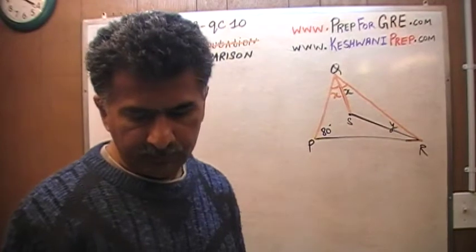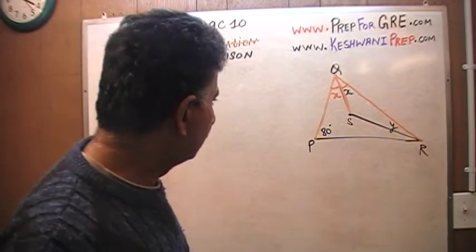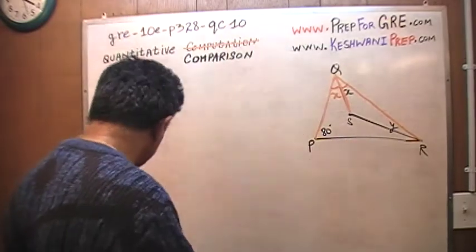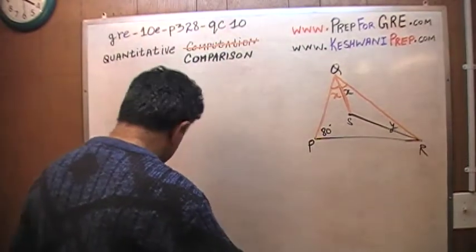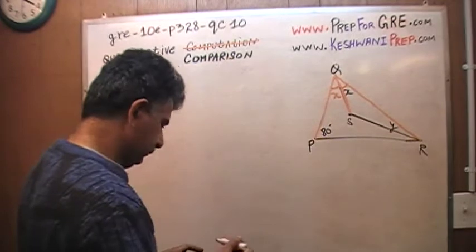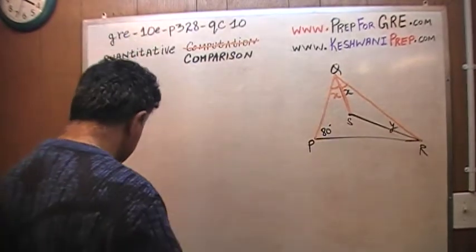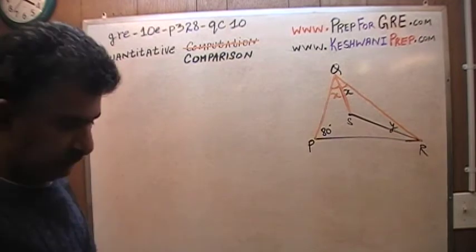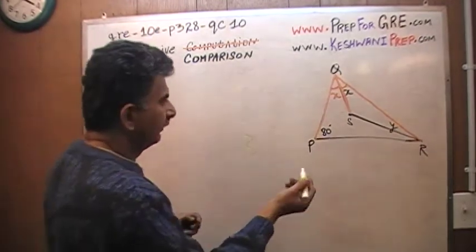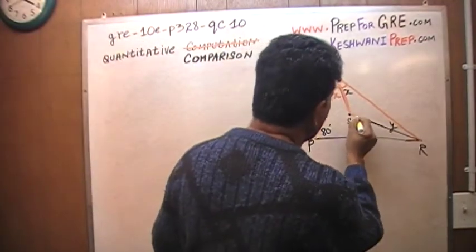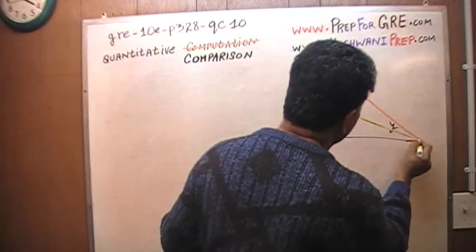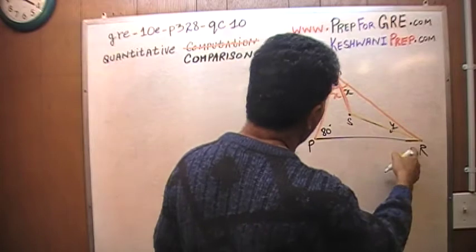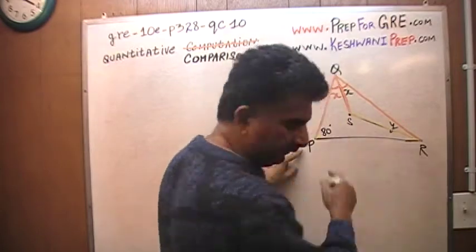They also tell us that RS bisects, where is RS? Right here, RS bisects. Let's see if we can find a different color. There's a yellow, right here. This RS bisects QRP, maybe they say PRQ, let's see how they say it.